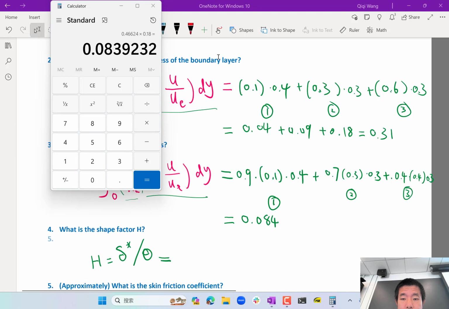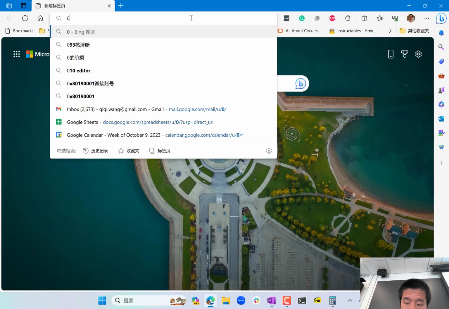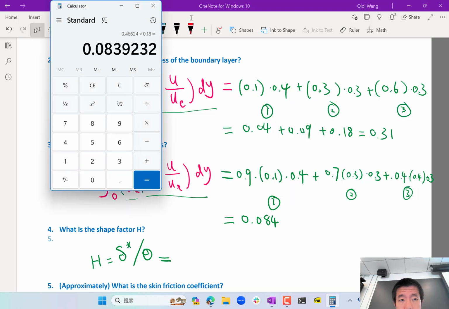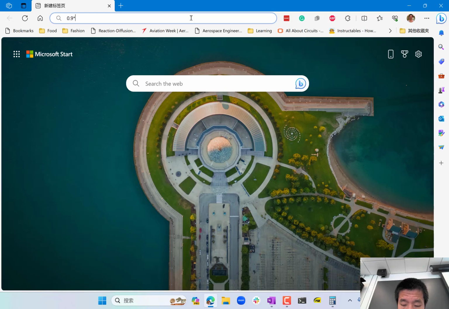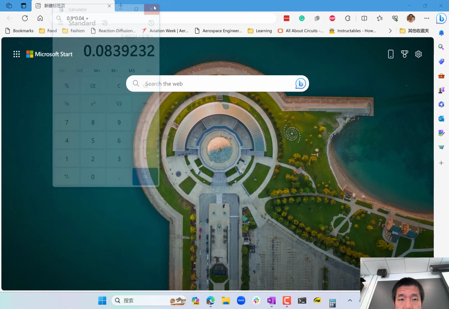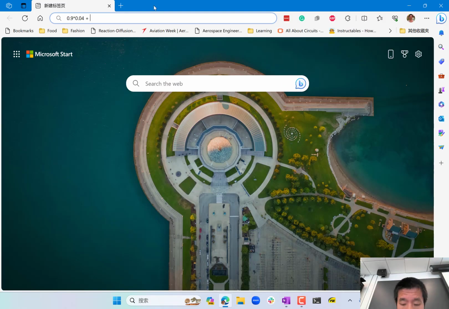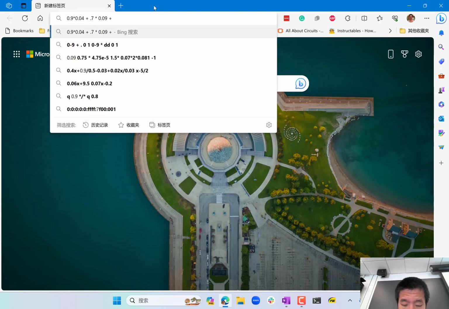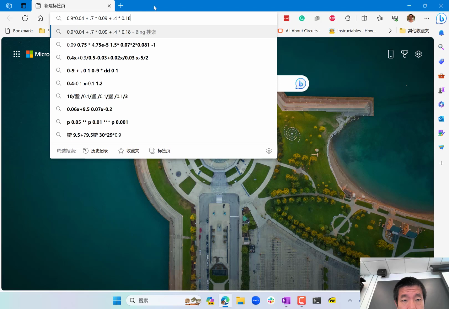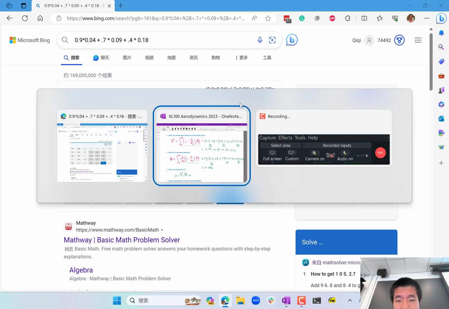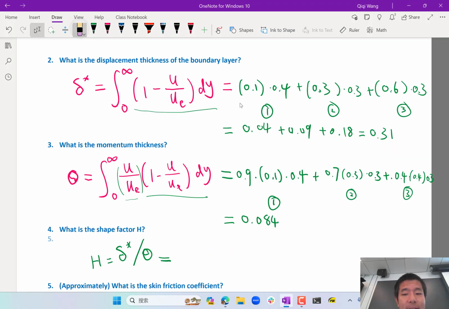Let me just use a browser. Plus 0.7 times 0.09 plus 0.4 times 0.18, right? Okay, so I think the calculator made the order of operations not correct.